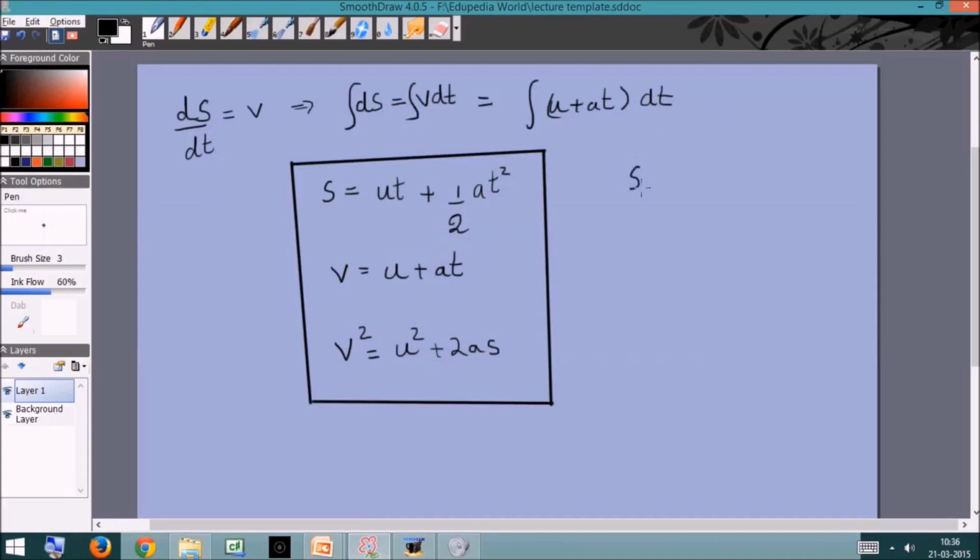Let's say we know S, U and T. Using the first equation, we'll be able to calculate A. Then using the second equation, we'll be able to calculate V, and then we know everything. If we know V, U and S, using the third equation we'll be able to calculate A, and using any of the other two equations we'll be able to calculate whatever else is needed. So out of these 5, given any 3, we can calculate the other 2.